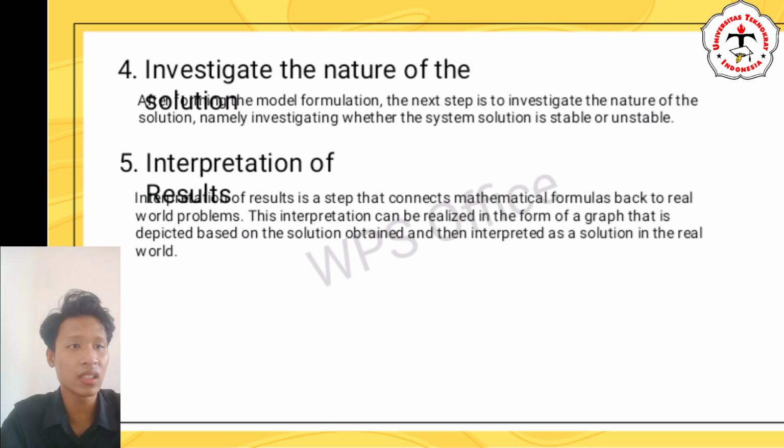This step connects mathematical formulas back to the real-world problem. This interpretation can be realized in the form of a graph based on the solution obtained and interpreted as a solution in the real world.